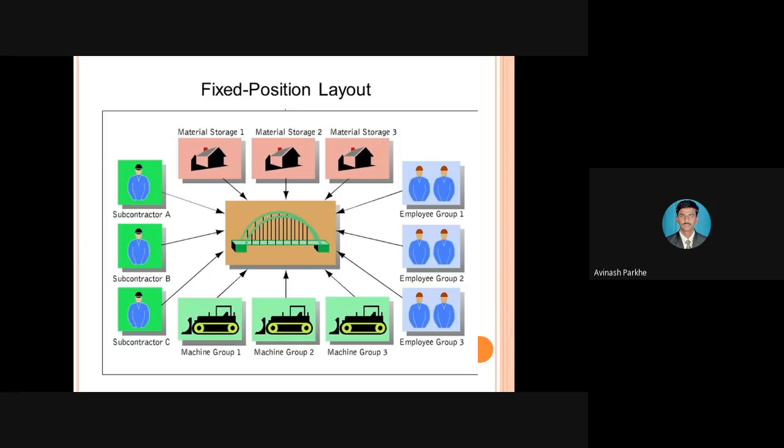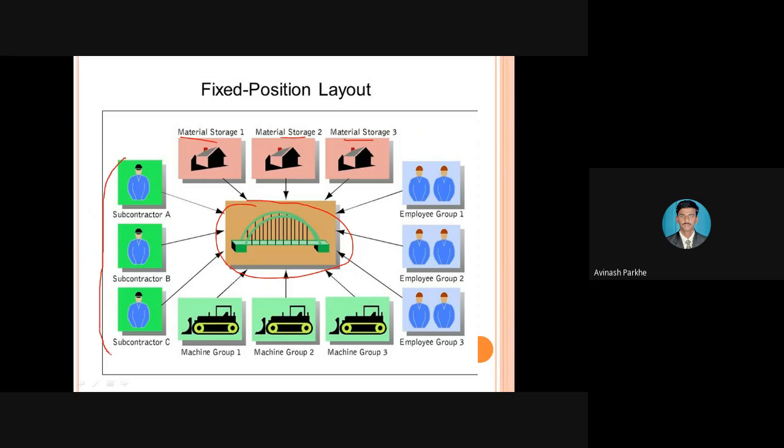Again, here you can see the second figure, in which I have to build a bridge. This is the construction part. Whatever inputs are there, for example, some material storages are required, so I have to store some cement and some steel materials. So material storage 1, material storage 2, material storage 3 are located near that bridge location only.